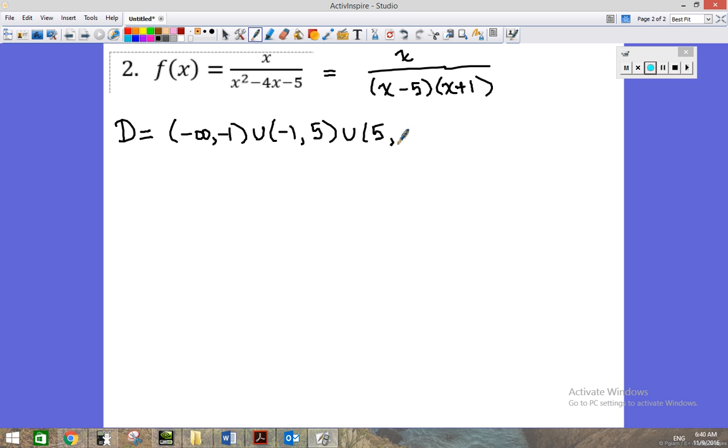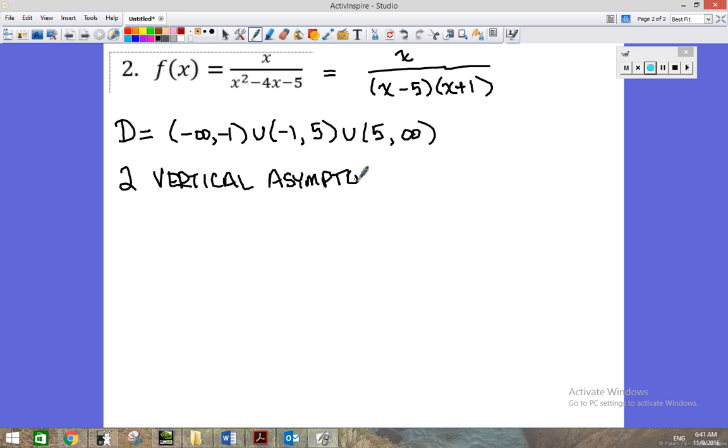So when I throw things out of the domain for a rational function, it's going to appear in the graph as either a hole or a vertical asymptote. So since we don't have any common factors, both of these are vertical asymptotes. So this graph has two vertical asymptotes. We can confirm that in just a minute through its graph.